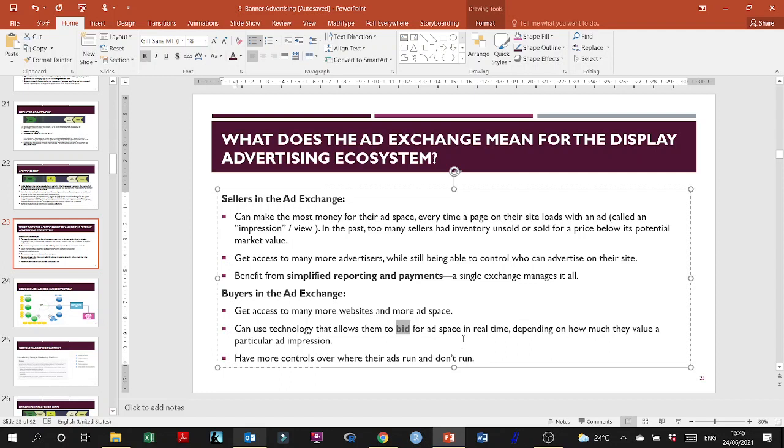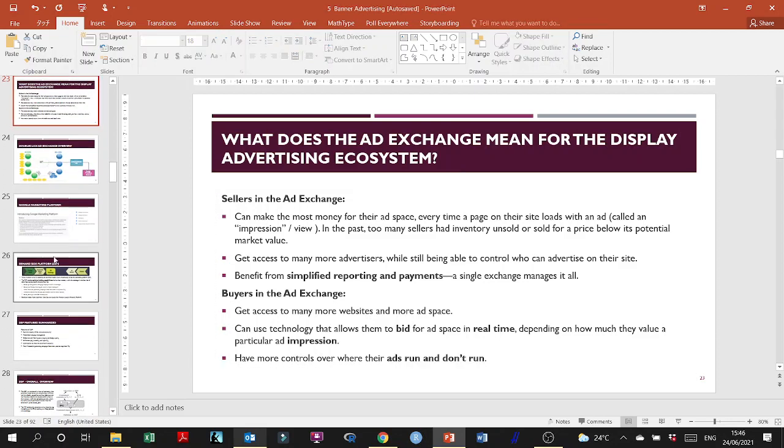So you bid for an ad space in real time. So this is fair trade, fair value, depending on how much they value a particular ad impression. So it's all about the impression. So you're paying for the impression and have more control over your ads, where they run and where they don't run. So that is also very important.